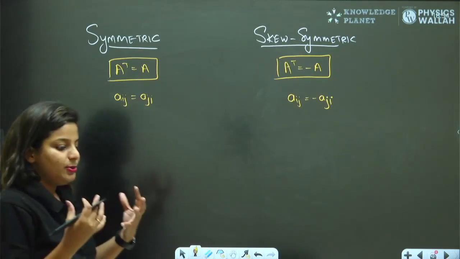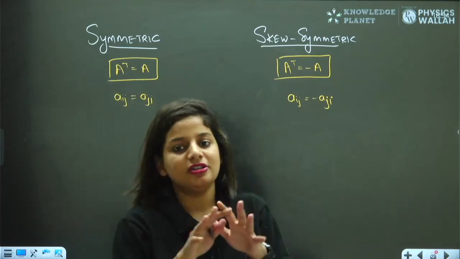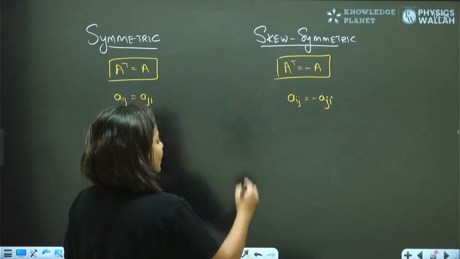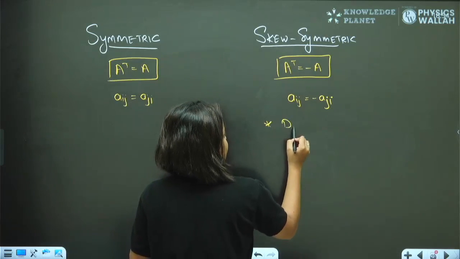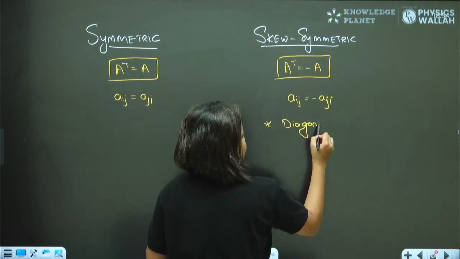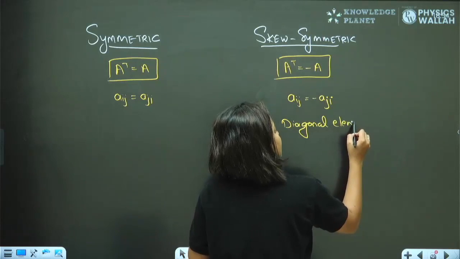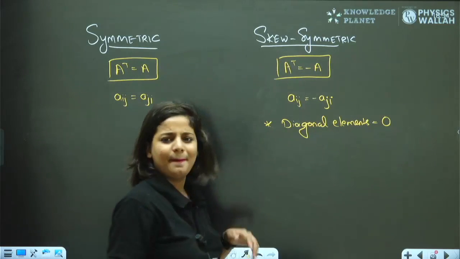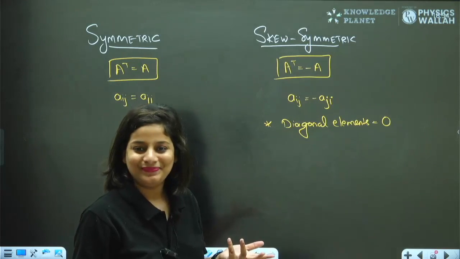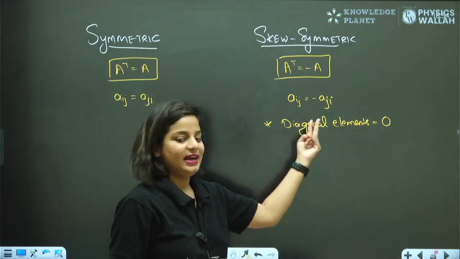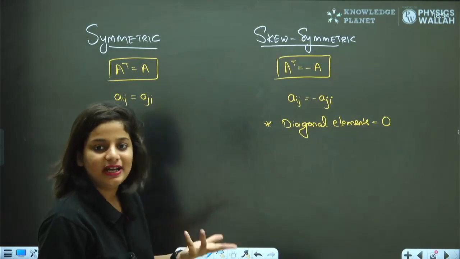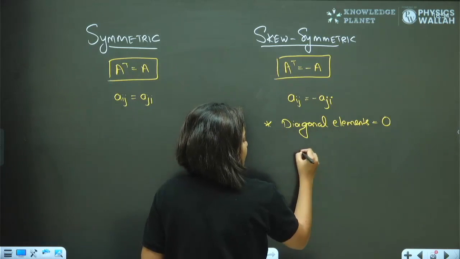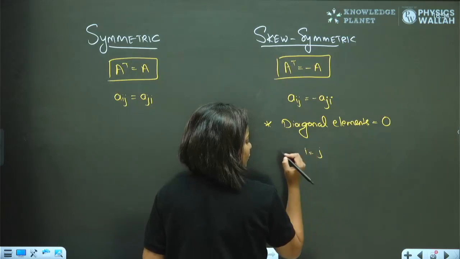To be honest, just by looking at the matrix, you understand whether it's symmetric or skew symmetric. An important point in skew symmetric is that diagonal elements are 0. All the diagonal elements will be 0. Why? Let me help you. For diagonal elements, i is equal to j.